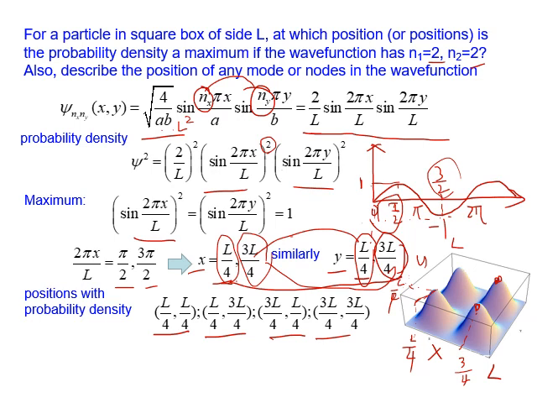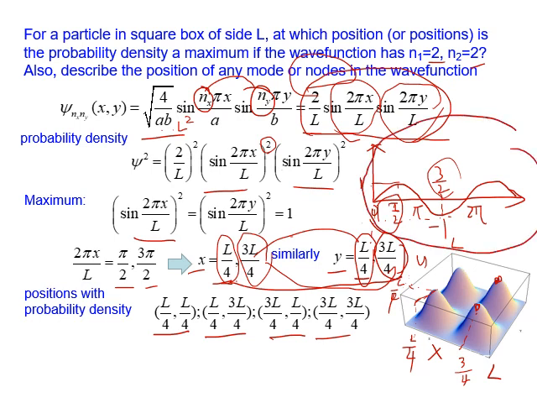Now, where are the nodes? Nodes are where the wave function goes to 0. So if you look at this wave function equation, for this to be 0, then sine of 2 pi x over L should be 0, or sine of 2 pi y over L should be 0. And again, let's look at this one. When can this be 0? It can be 0 when the argument is pi or 2 pi.